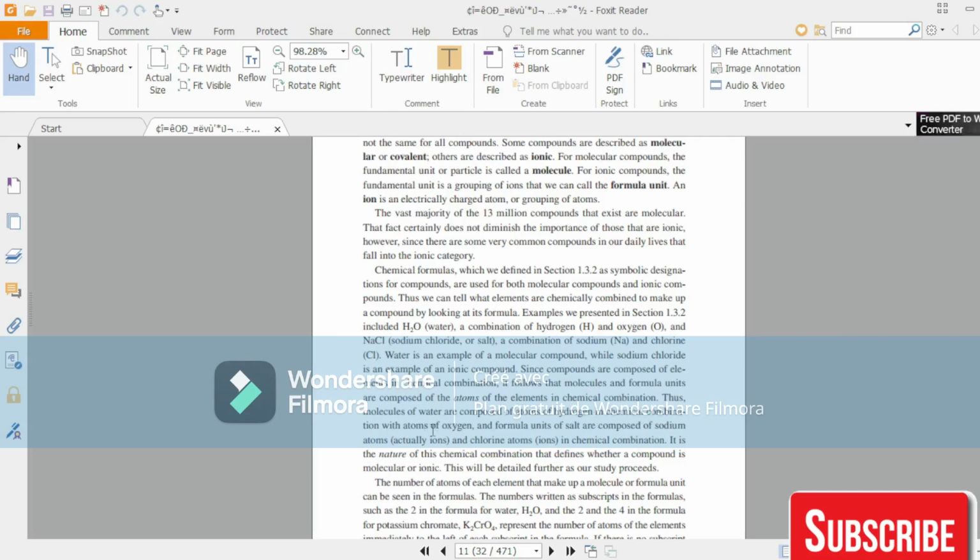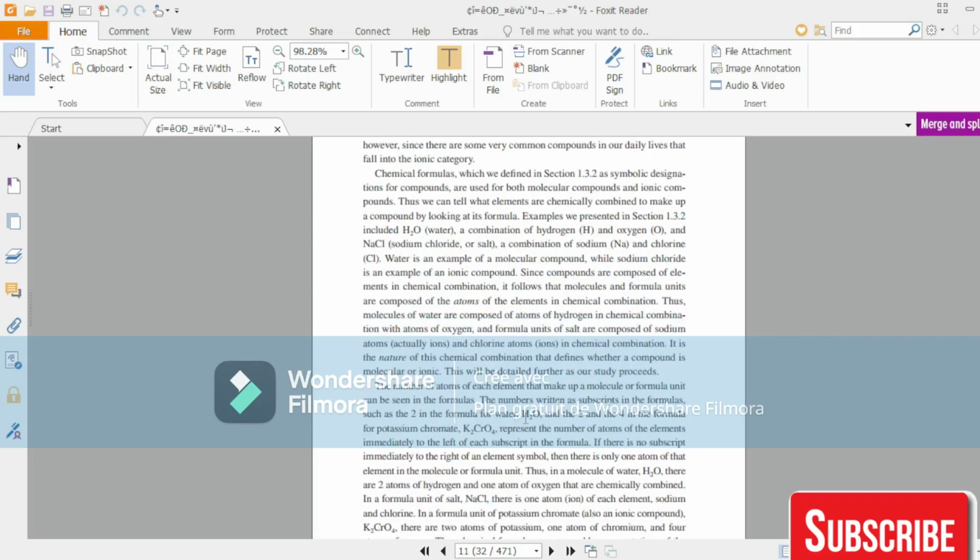Thus, molecules of water are composed of atoms of hydrogen in chemical combination with atoms of oxygen, and formula units of salt are composed of sodium atoms, actually ions, and chlorine atoms, also ions, in chemical combination. It is the nature of the chemical combination that defines whether a compound is molecular or ionic. This will be detailed further as our study proceeds.